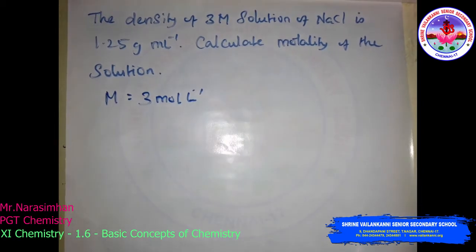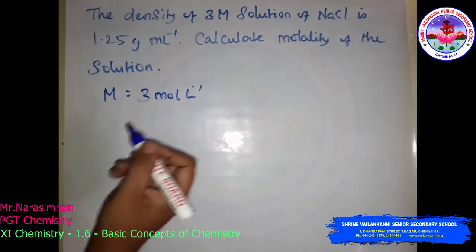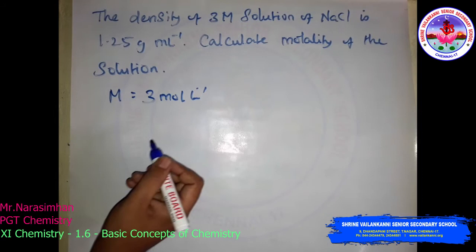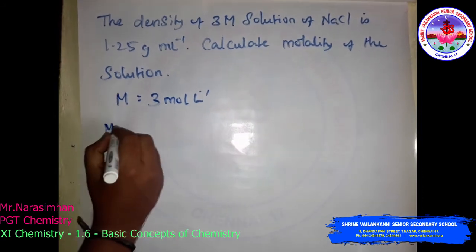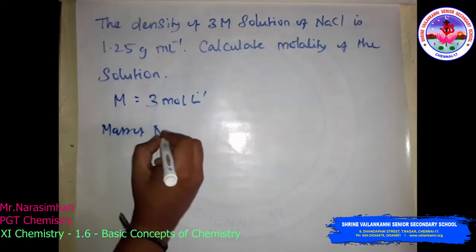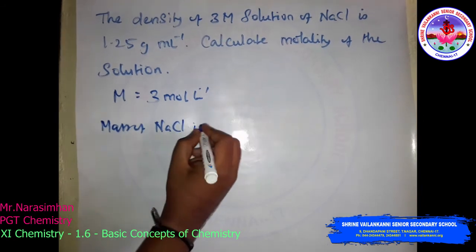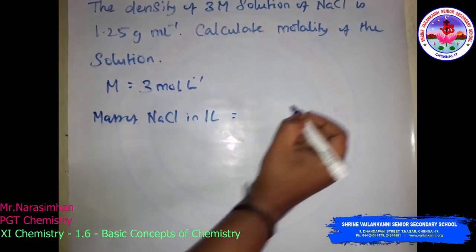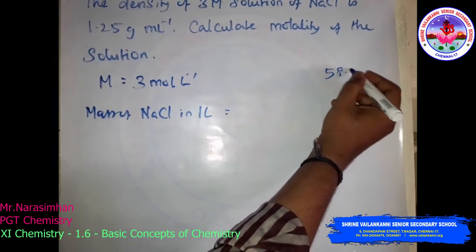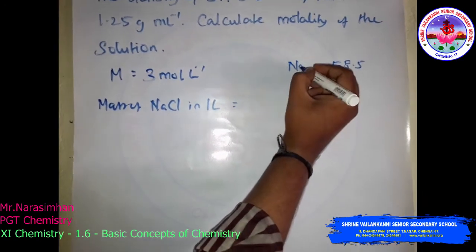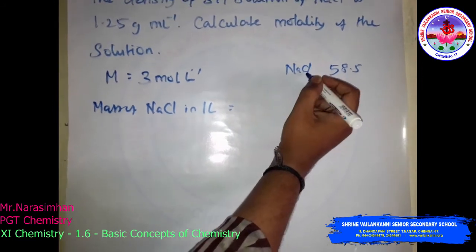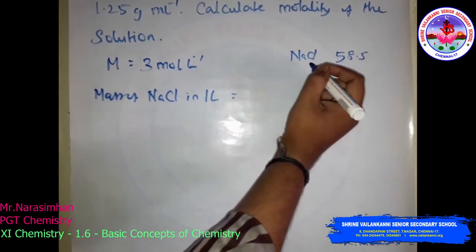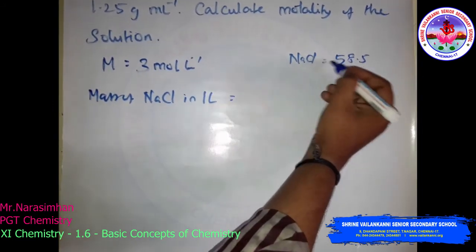3 moles per liter. Then the mass of NaCl in 1 liter of solution. So it will become what? The molar mass of NaCl is 58.5, because 23 plus 35.5 becomes 58.5.